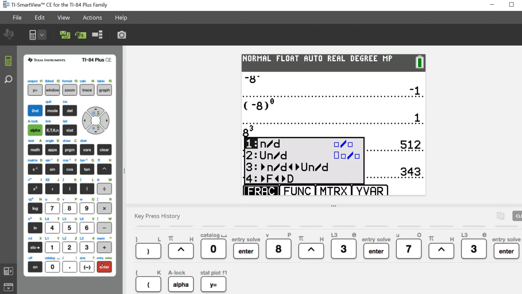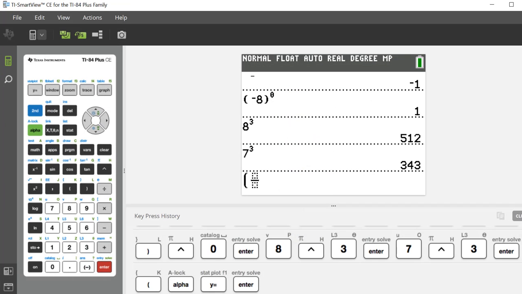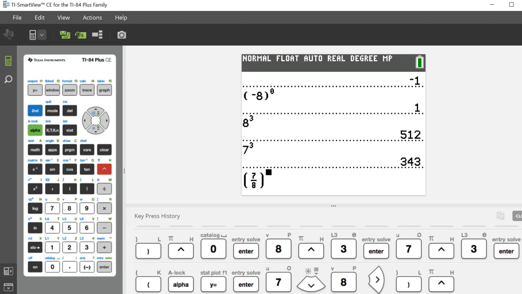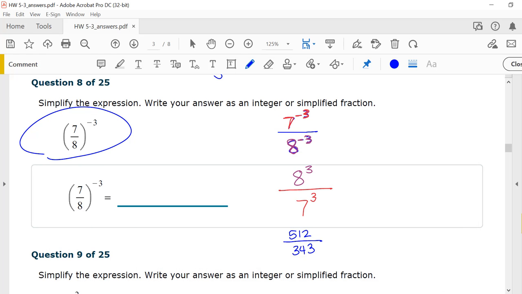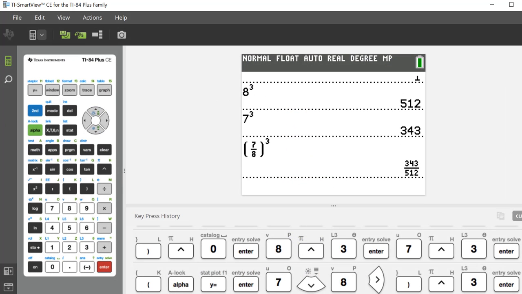I'm going to tell it to do a fraction. The fraction is 7/8. And I want to raise that to the third power. I get 343 over, oh, sorry. I want to raise it to the negative 3 power. Oops.